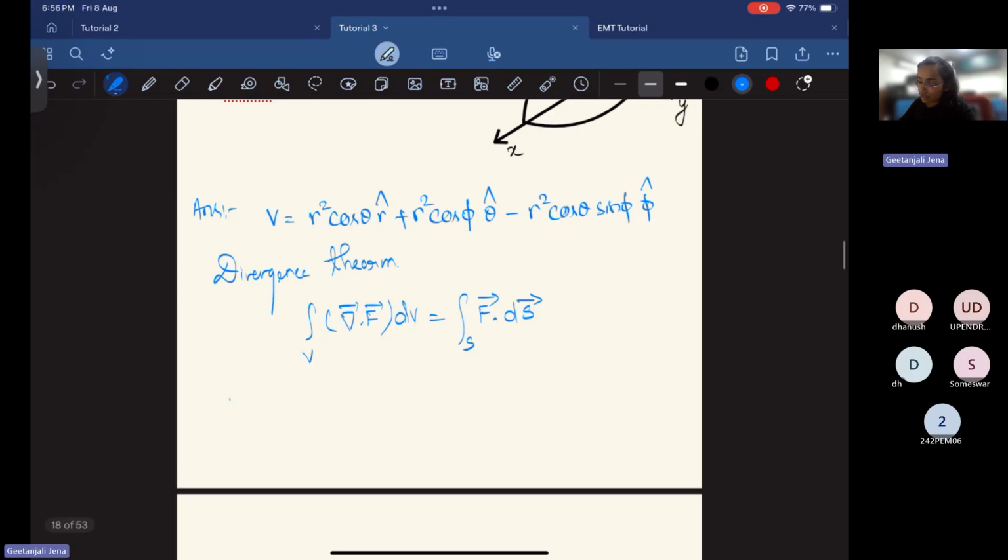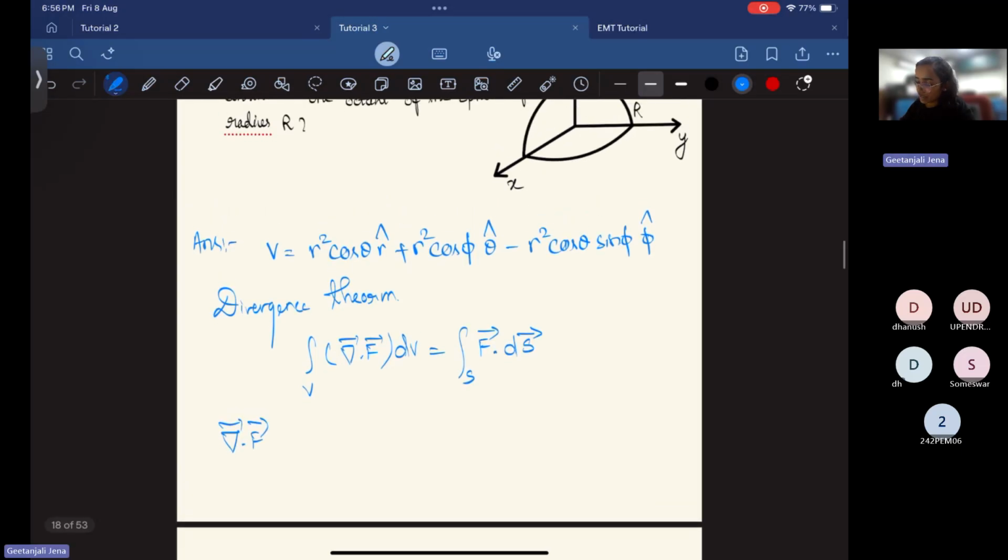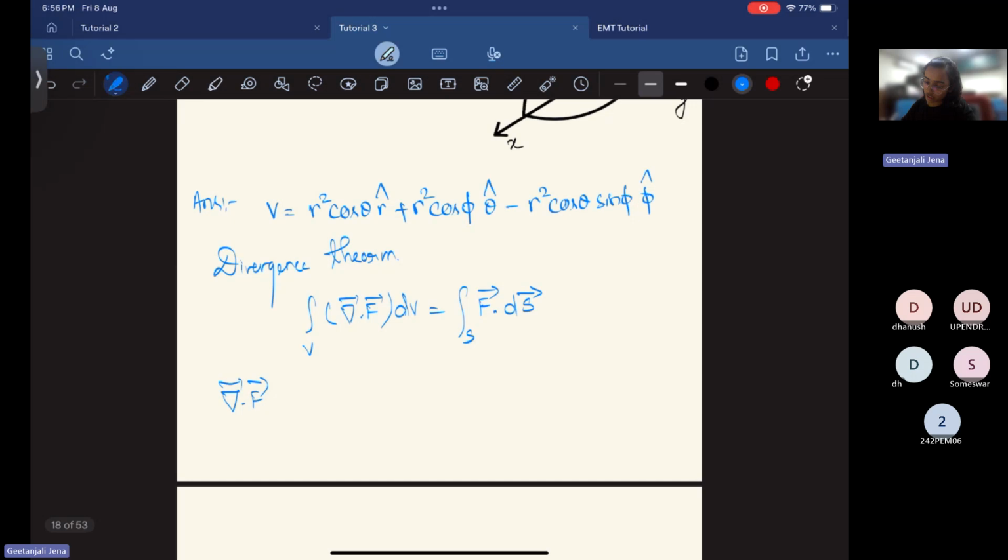And the divergence of f, this is in spherical coordinates, so you need to use the generalized formula. The generalized formula is 1 by h i h j h k, dou by dou u i.